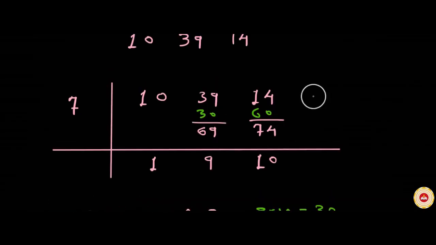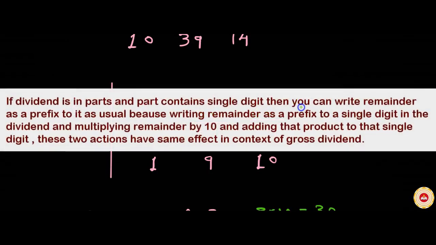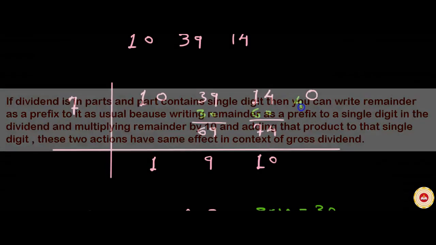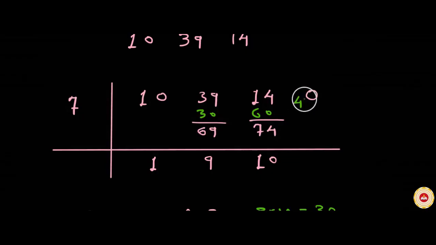Where to write remainder 4? First of all, I will have to increase one 0, and now you can write remainder 4 as a prefix to the digit of the dividend, which is 0, because now this 0 is not in the form of parts, like the previous digits in the parts.